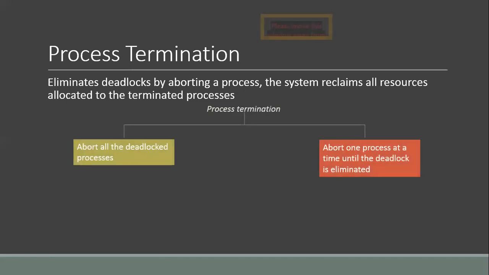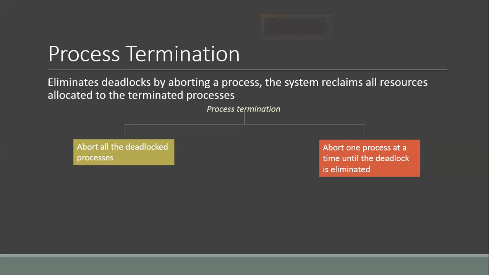Process termination has two options. The first option is to abort all the deadlocked processes. So all the processes which are in the deadlock state will be terminated. The second scenario is to abort one process at a time until the deadlock is eliminated.